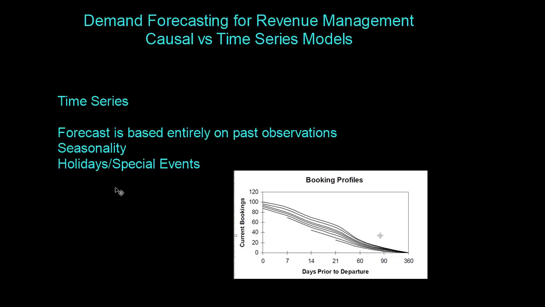So the demand for a flight on Friday is typically much different from the demand for a flight on Tuesday. It could be that Fridays are just more popular, or the other thing is the makeup, the characteristics of the passengers on a Friday flight tend to be different from a Tuesday flight.